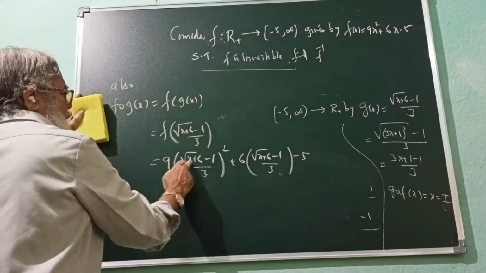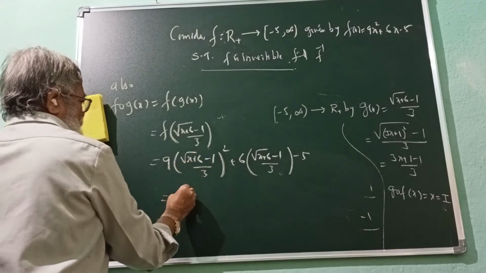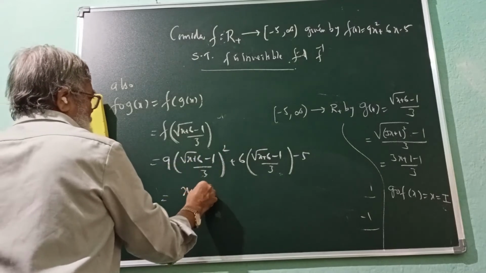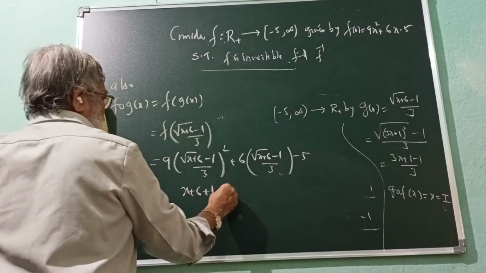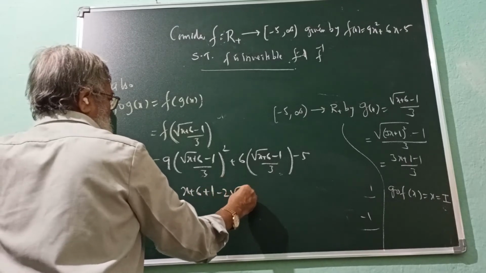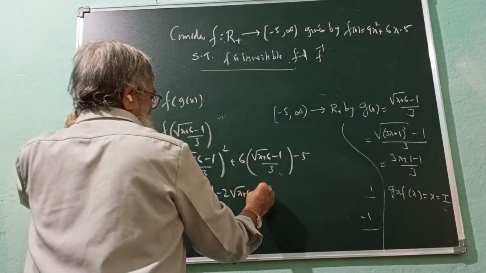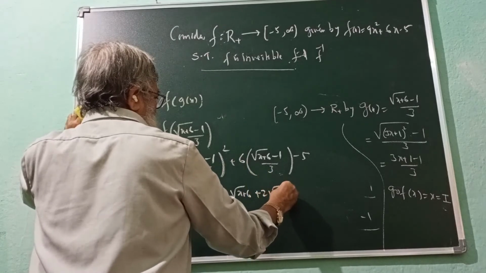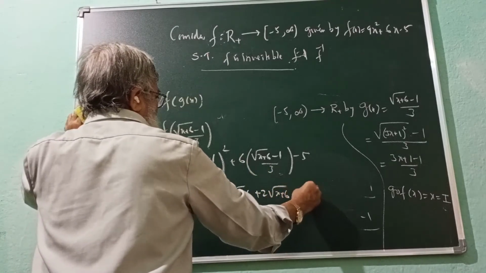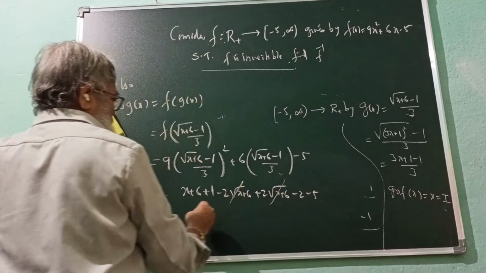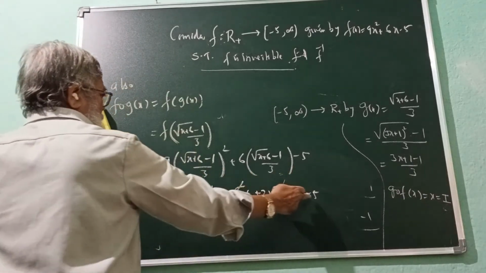Now if you square this, the 9 cancels with this. (a minus b) whole square means a square plus b square minus 2ab. Now this cancels with this 2. It is twice of x plus 6, minus 2, minus 5. These two get cancelled. Here also 6 plus 1, 5 cancels with 5, 2 cancels with 2.